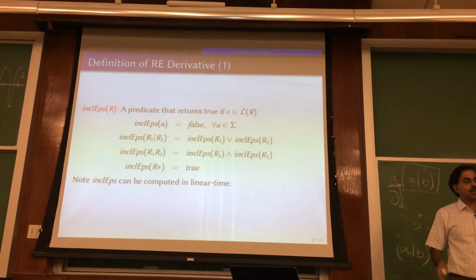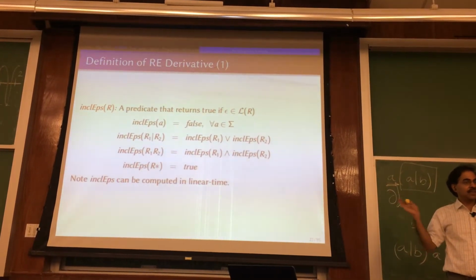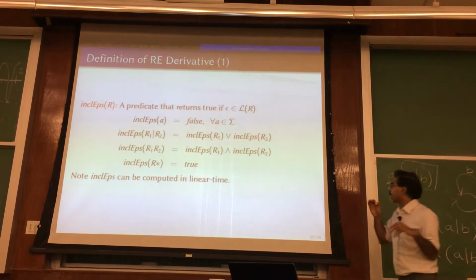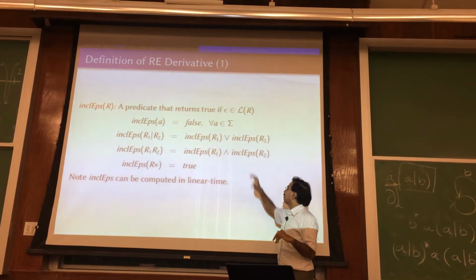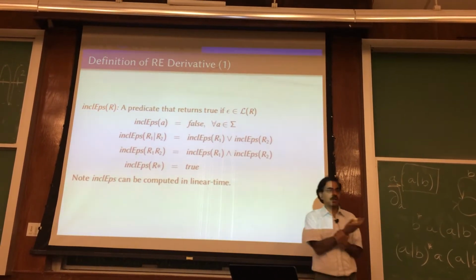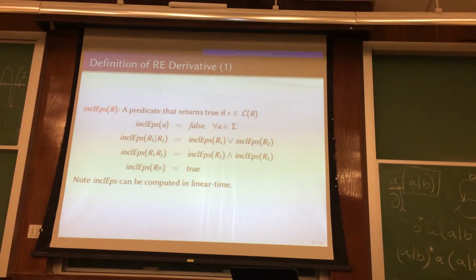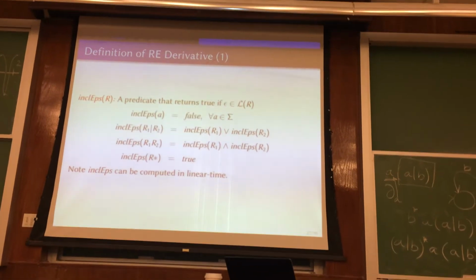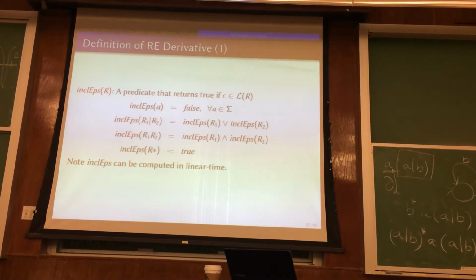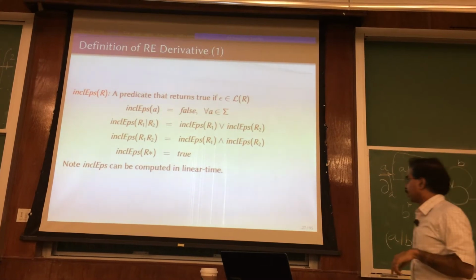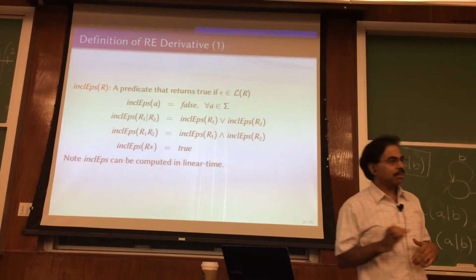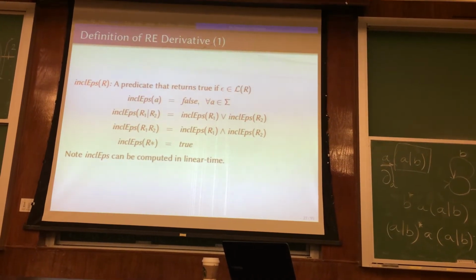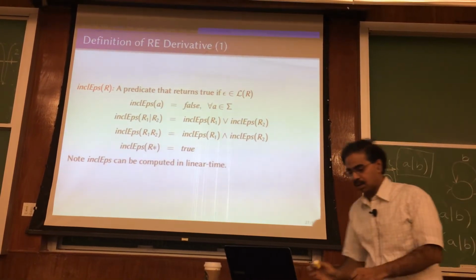If either one is non-empty, then the concatenation is going to be non-empty, and as a result you have an and. Includes epsilon of a closure of anything is always true, because we define closure as epsilon or one or more repetitions of that thing. So includes epsilon of R star is always true. And you can very easily see that this is a linear time computation. You have a regular expression, you can compute this in linear time.